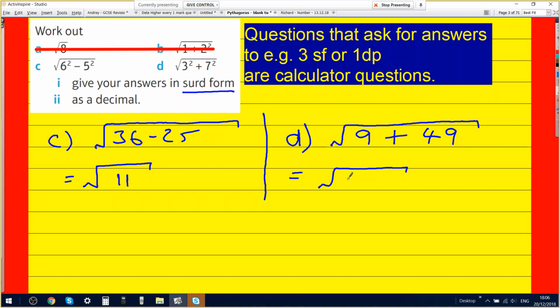And so if this was a non-calculator paper, those would be your two answers.